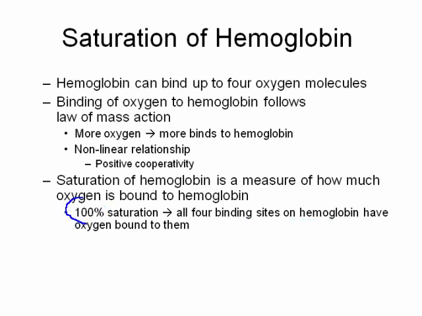Now, the only way you're going to get 100% saturation in all molecules of hemoglobin in an individual's body is to be breathing a partial pressure of oxygen of 760 millimeters of mercury, because you're going to need that much partial pressure to move a sufficient number of oxygen molecules to all of the binding sites. So generally, rather than having 100% saturation, normal saturation is somewhere between 97 and 98%, which is still pretty saturated.